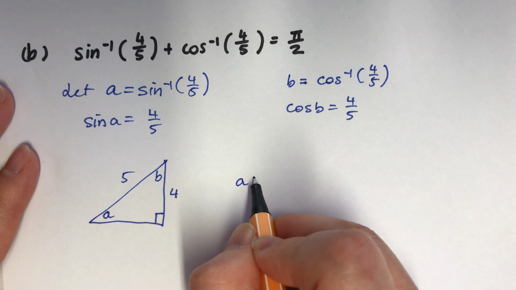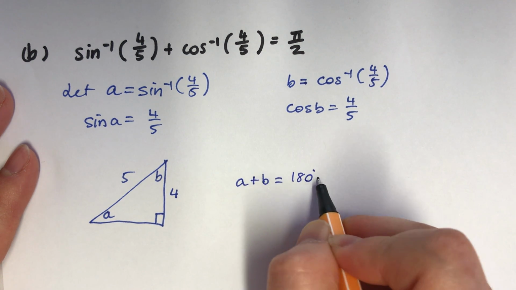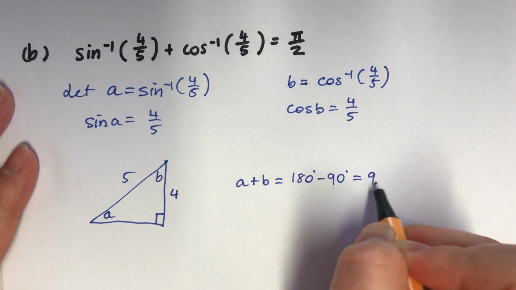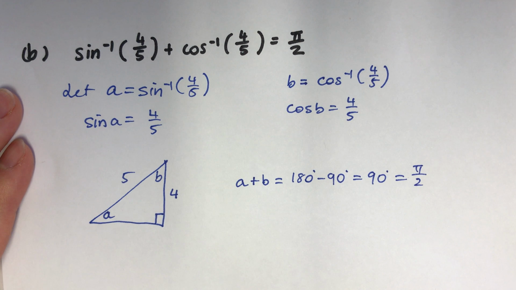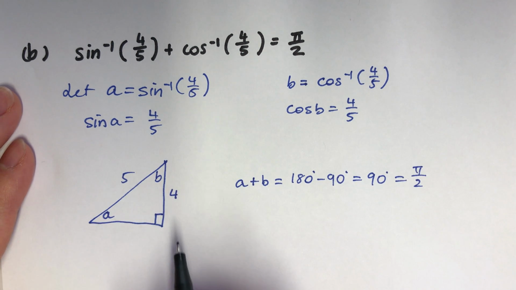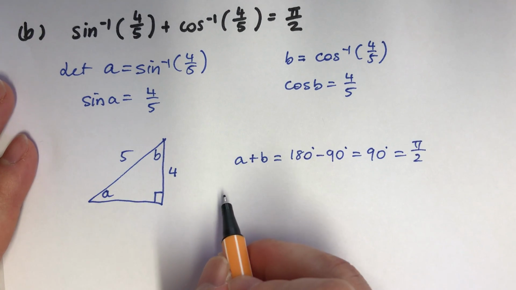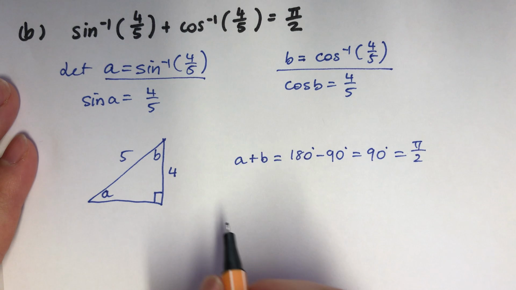So a plus b equals, which is angle wise it's 90 degrees, which is pi over 2. So we substitute, so we're going to put it back into that.